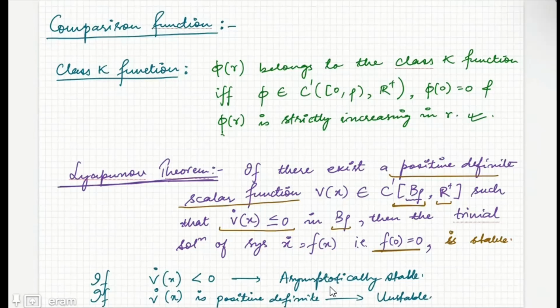These theorems basically cover the analysis of a nonlinear dynamical system of the form x dot equals f(x). So it is a time invariant system. Now, how do we generalize the Lyapunov theorem for a nonlinear time varying system?